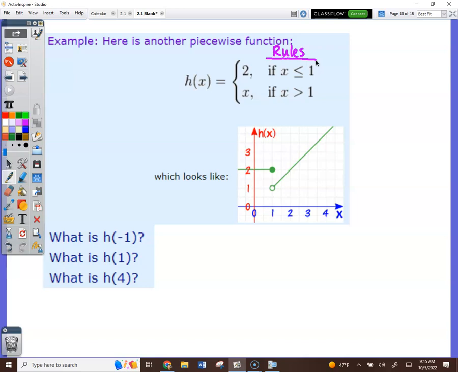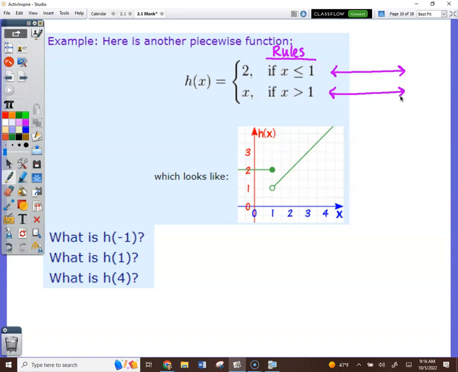Okay, so here's what I want you to do. Coming over here, beside each rule, I want you to draw a little inequality on a number line.